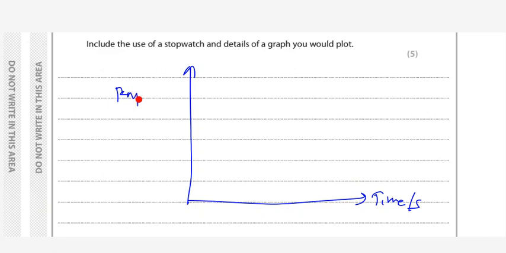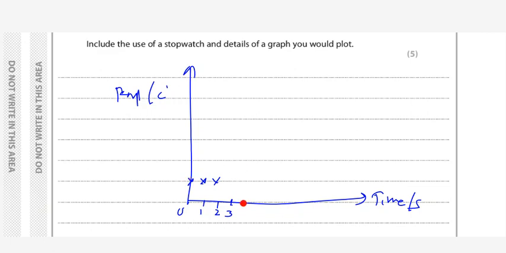Why is the time on the x-axis? Because we analyze the change in temperature with time. So initially you take initial readings, say for 2 minutes: 0, 1, 2. Now on the third minute, you can add the solid.